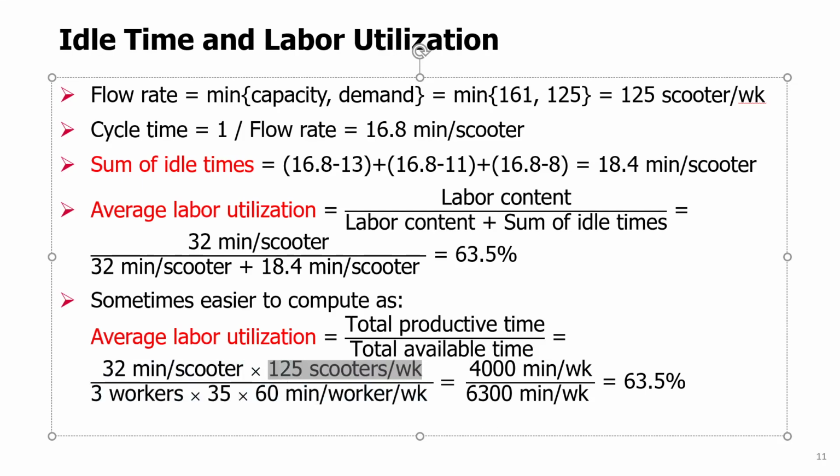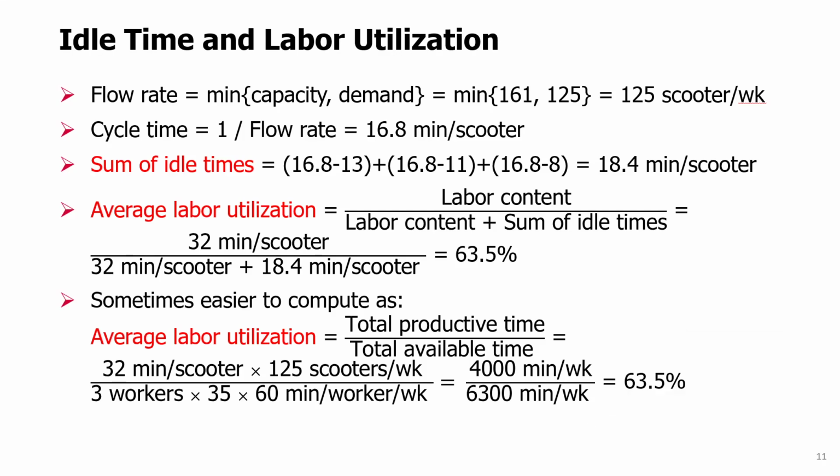So it gives us 4,000 minutes of productive time per week. How much time do we have available? 3 workers, each working 35 hours per week, and there are 60 minutes in an hour. So we get 6,300 minutes per week of available time. And that gives us also 63.5%. So you see, the utilization of labor of workers is only 63.5%.